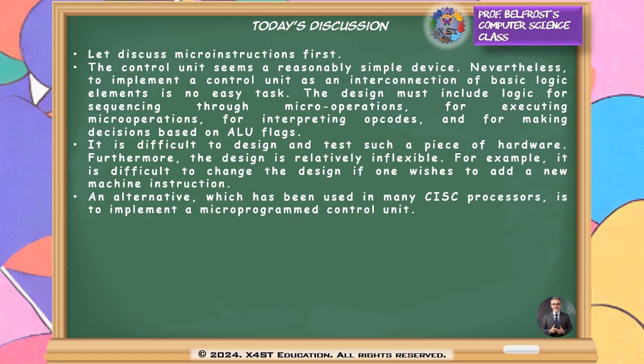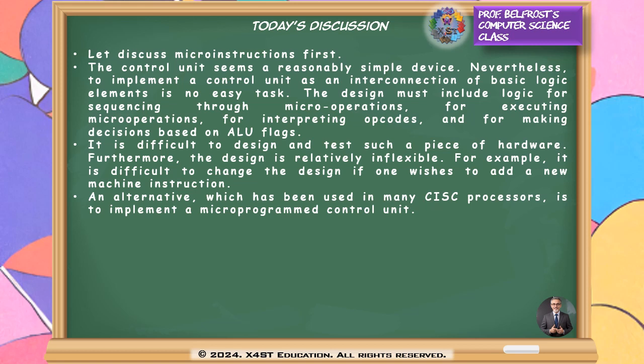To understand microprogramming, we need to start from understanding microinstructions. What is a microinstruction? The control unit seems a reasonably simple device, and nevertheless, to implement a control unit as a connection of basic logical elements is actually not an easy task. This design includes logic for sequencing through microoperations, for executing microoperations, for interpreting opcodes, and for making decisions based on the ALU flags.